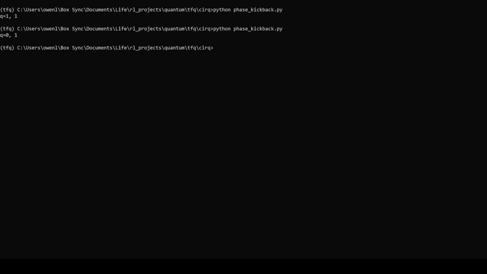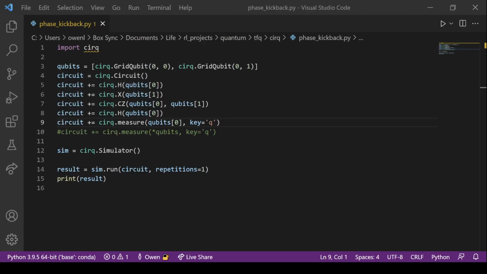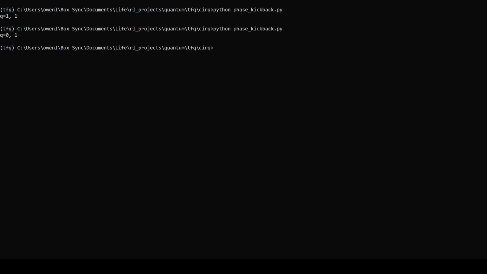You might suspect, well, hey, you're measuring both of them, there's some effect going on here. We can see that, no, even if I just measure one of them, it remains true that this, I'll even run it many times here. I'm running it 10 times. It'll be 1 for all of them.